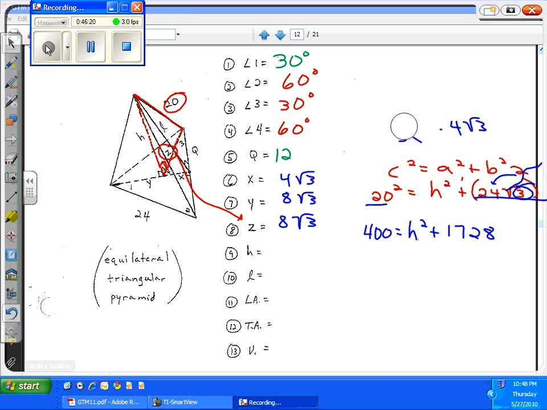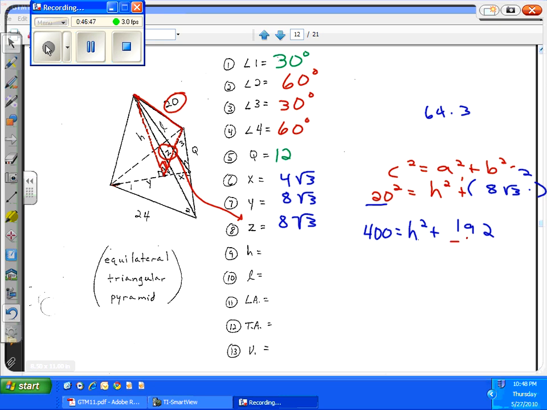So over here in our solving, we should have had an 8 square root 3 square, which would have been a 64 times 3, which would be 180 plus 12 is a 192. That looks better. Sorry about that.